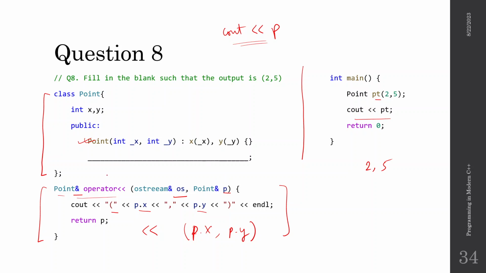So this whole thing we have to write here. But one thing is that this function is of the output stream class, and it is accessing the private data members of the point class, so we have to use the friend keyword.